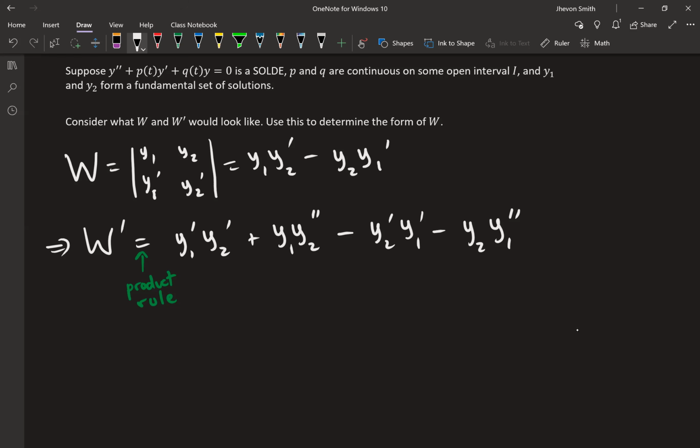And do any of these guys combine? So here, you'll notice that these guys here cancel out. And so the derivative of the Wronskian looks like this expression right here: y1, y2 double prime minus y2, y1 double prime.